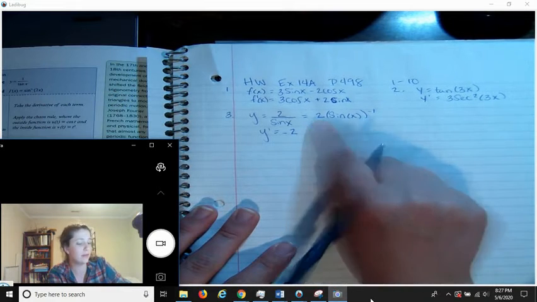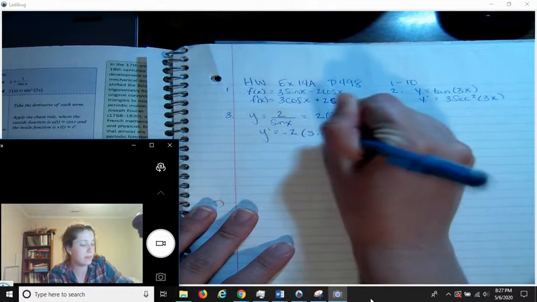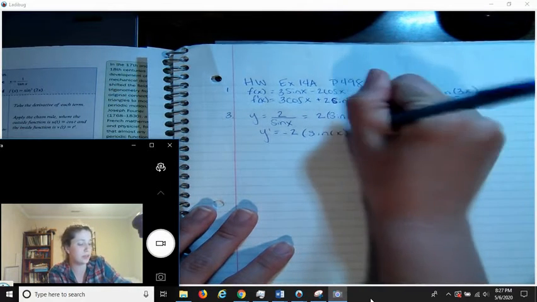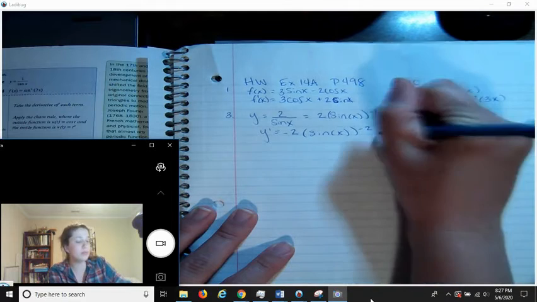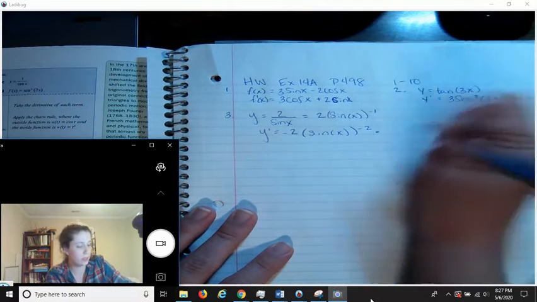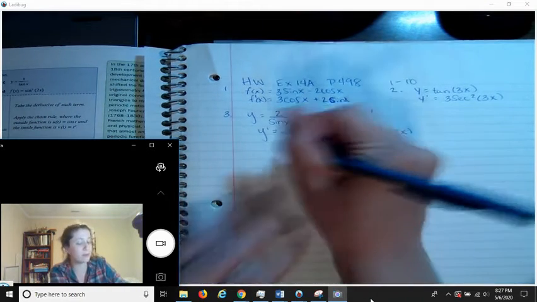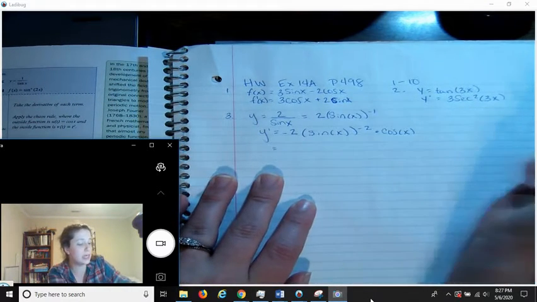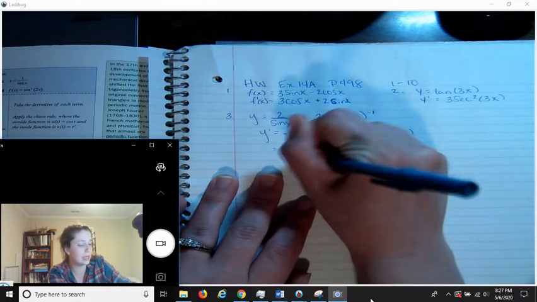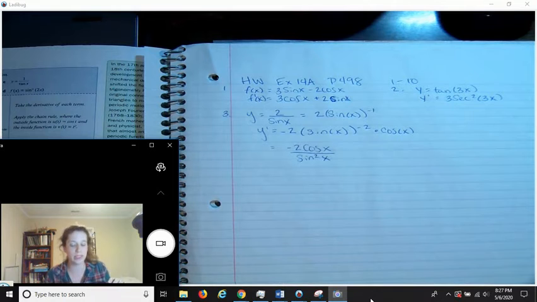So 2 times negative 1 is negative 2. Then I'm going to keep the stuff on the inside the same and subtract 1 from my power. So this is going to be negative 2. Then I need to multiply by the derivative of this inside function, sine, which is cosine. So my final answer, if I rewrote it in fraction form, should be negative 2 cosine x over sine squared x. Okay, that one, there were quite a few mistakes on.